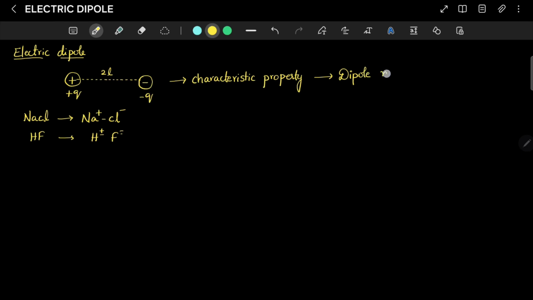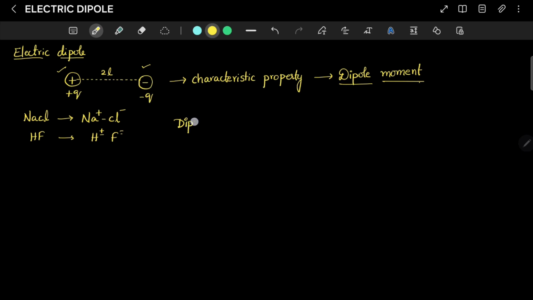The characteristics of this dipole can be obtained from a physical quantity called the dipole moment. So what is meant by this dipole moment?